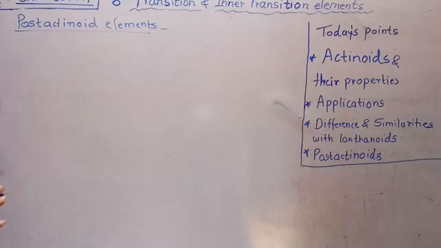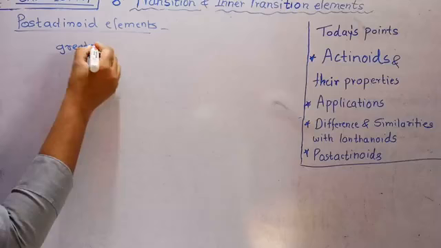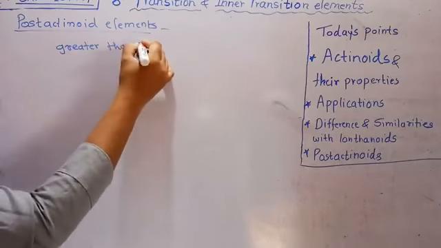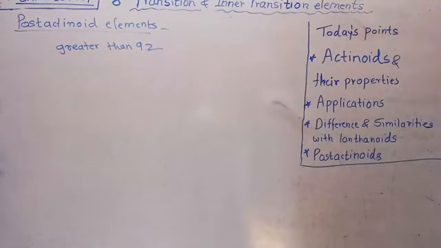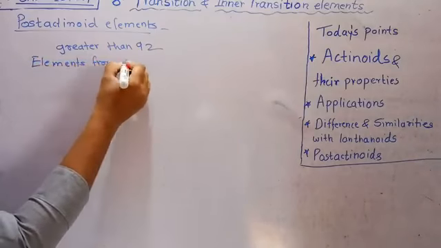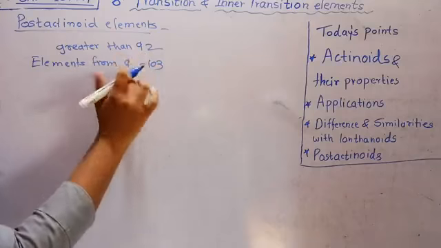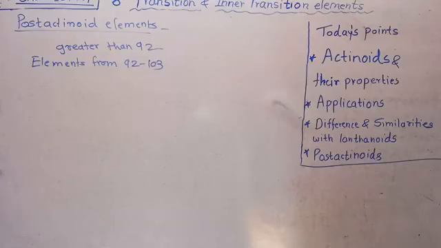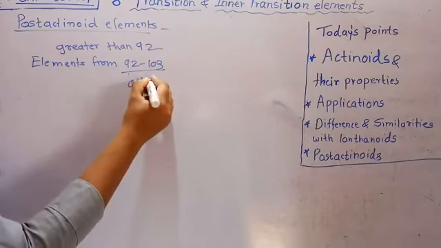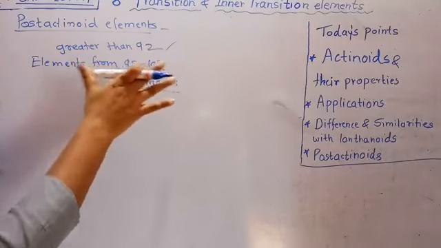You have already seen that elements with atomic number greater than 92 are called the transuranic elements, or transuranium.